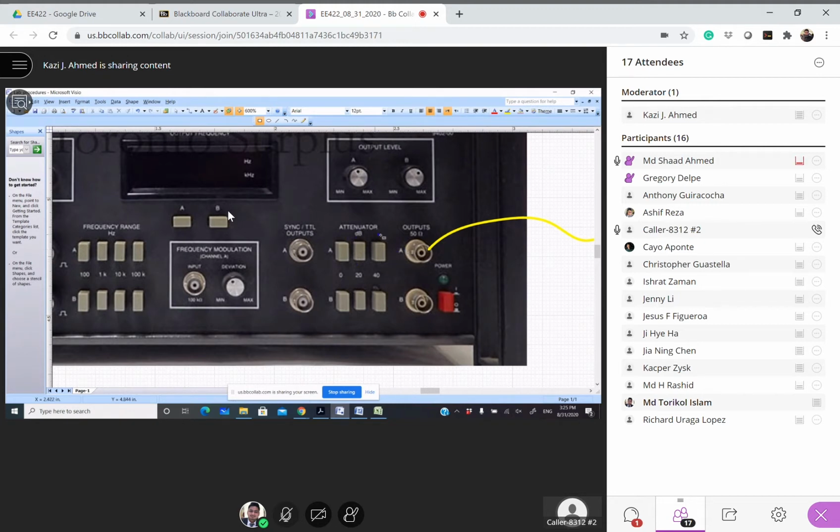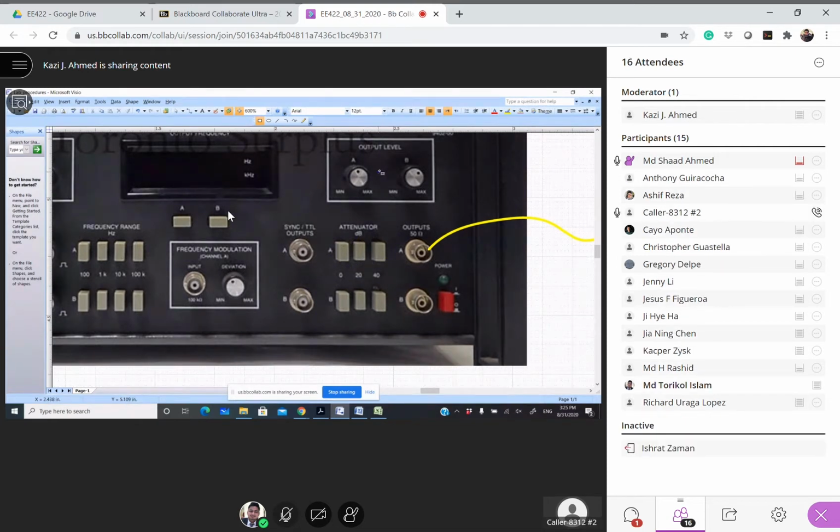Now here, our range of amplitude varies from, let's say, 5 volts to even 1 millivolt, so the range is very big.